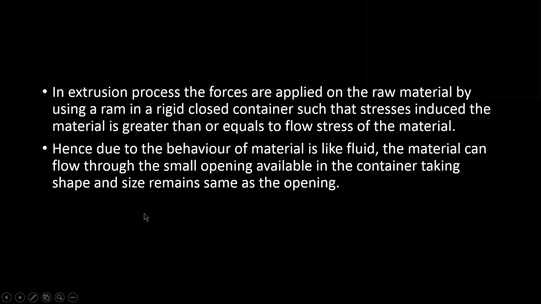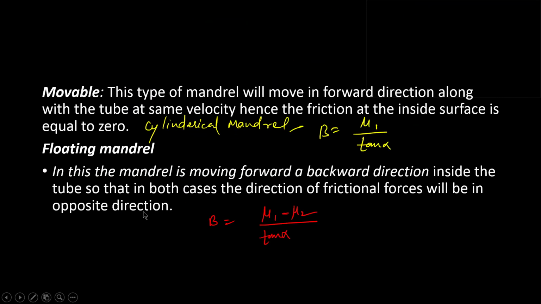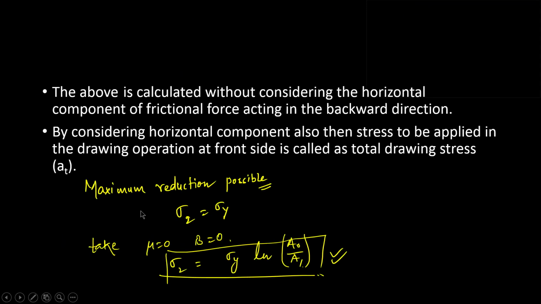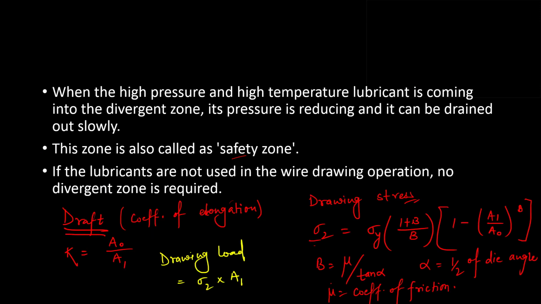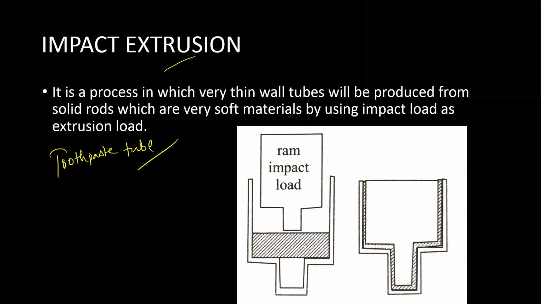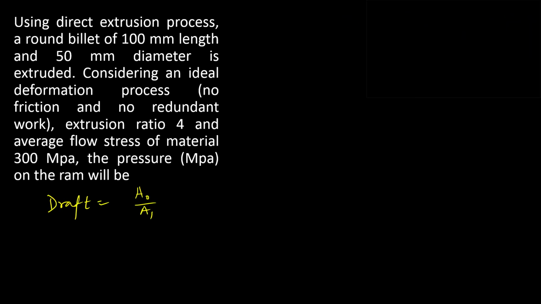We have seen draft, which was a naught by a1. Do you remember that? Draft is a naught by a1. That is also the same in extrusion, that is the extrusion ratio, given equal to 4.